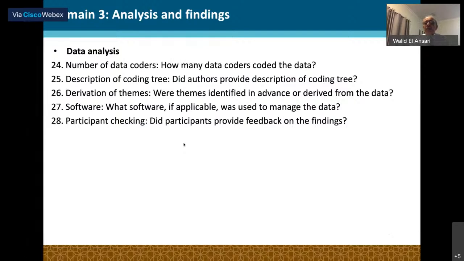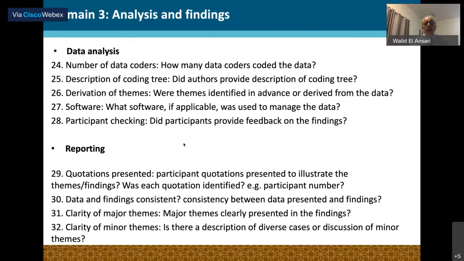And participant checking, did participants provide feedback on the findings? Here are my findings. I could go back to the interviewees and share these findings and see what their opinions are. Other things that I would look for would be some quotations, and I think this is quite critical in qualitative research.